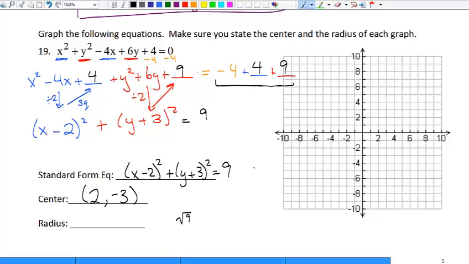So what is the r if r squared is 9? Well, r must then be 3. To plot this, I'm going to go to (2, -3). My radius is 3, which means I'm going to go up 3, right 3, left 3, down 3, and draw a circle.